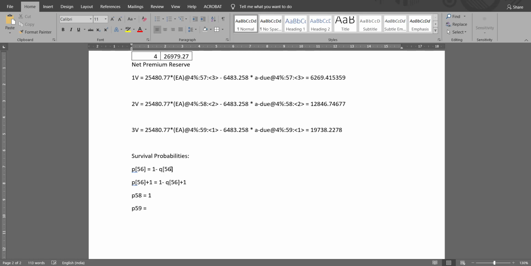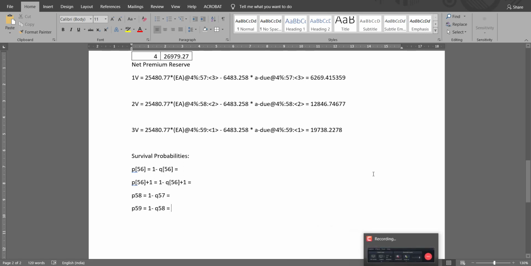Okay, this will be 1 minus q57 and 1 minus q58, right? Now I can pick up these values from the tables, right? They're easy to do. So let's just do that. So let me just put equal to signs here everywhere, and then I'll just copy this stuff.